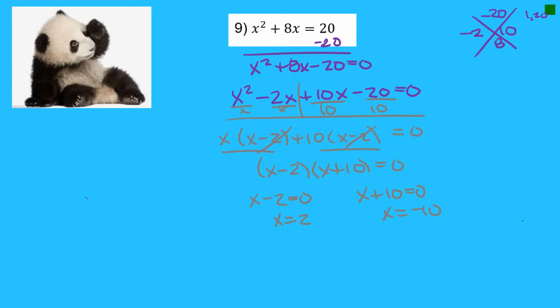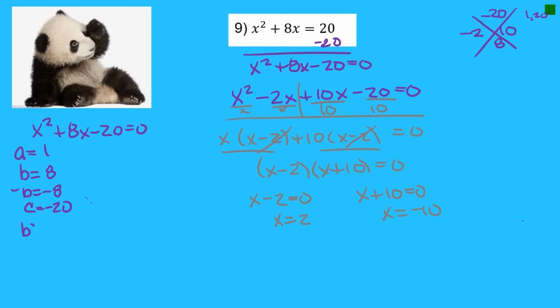But if I go back to x squared plus 8x minus 20 equals 0, and I do the quadratic formula, A is 1. Let's see if we get the same thing when we do the quadratic formula.